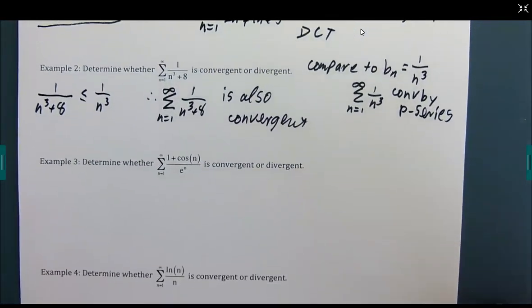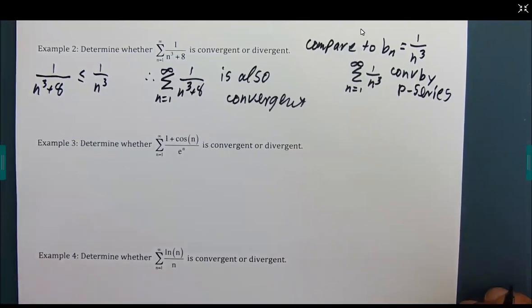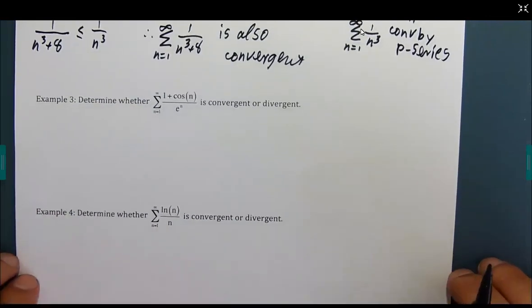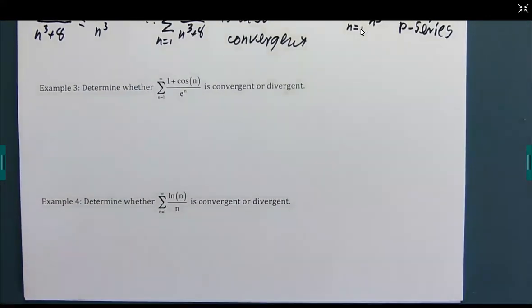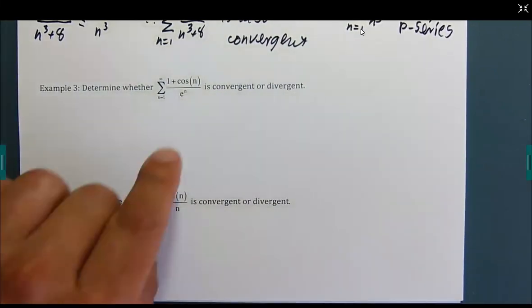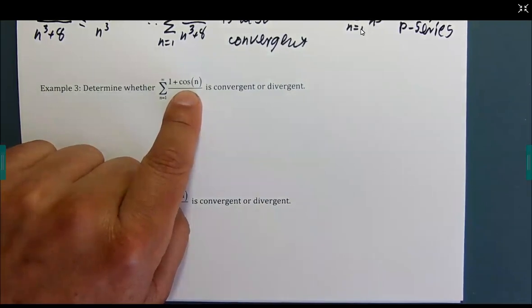All right. So for this next one, what am I going to compare this to? Well, I know that the largest that cosine can get is 1. That's the biggest that function can ever get. Otherwise, it's always going to be something less than 1.